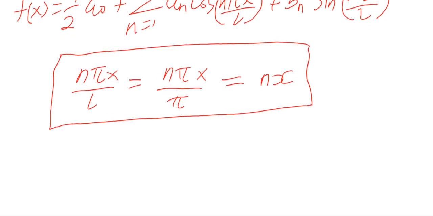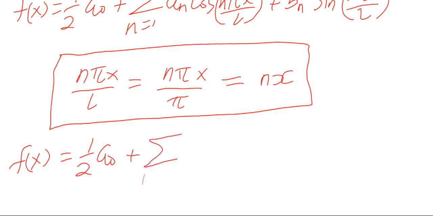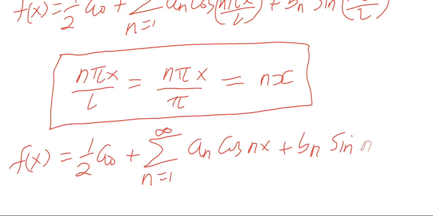Our period is 2 pi, and our function f of x, now we can write it as half a naught plus the sum from n equals 1 to infinity of an cosine of nx plus bn sine of nx.